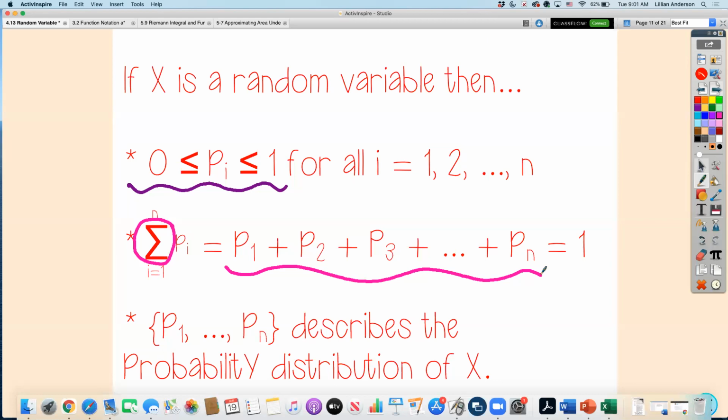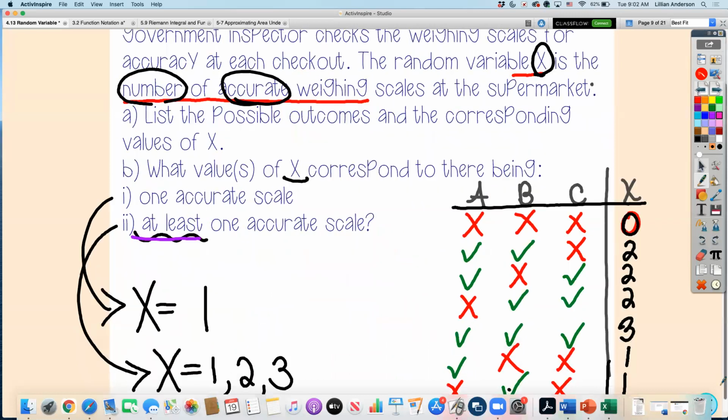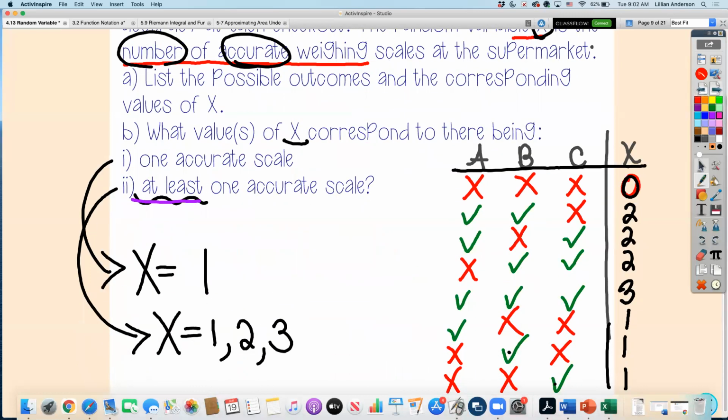So for that last example, talking about a person coming in and checking out these scales, these were all of our different outcomes. These were all the different ways that we could represent our random variable X. We have 1, 2, 3, 4, 5, 6, 7, 8.